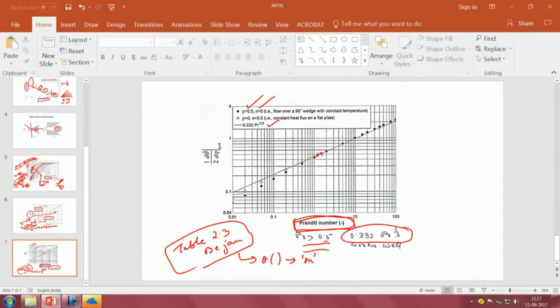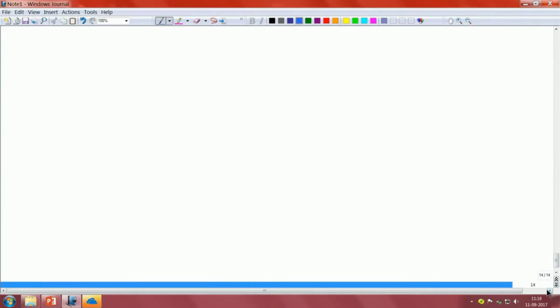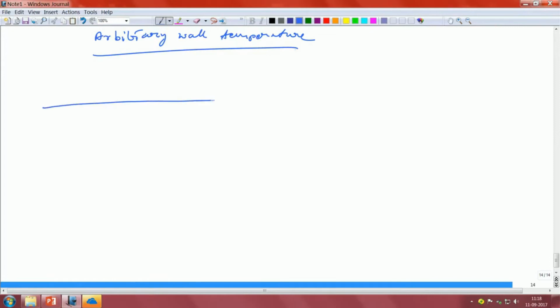In order to finish off the external flow, there is one more thing that we need to address, which is called the arbitrary wall temperature. This is a very specialized case, and I will show you what it is.